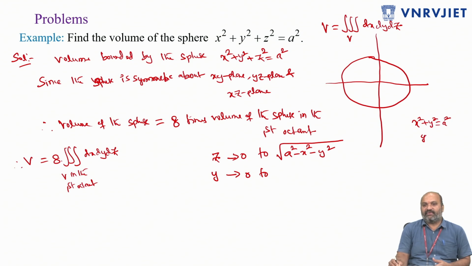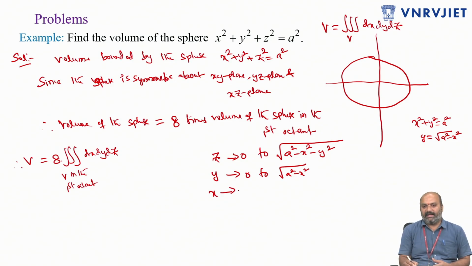In such a case, y equals plus or minus root over a square minus x square. But remember, we are considering only the first octant, where x, y, z are always positive, so we consider only the positive value for y. That is, y varies from 0 to root over a square minus x square.